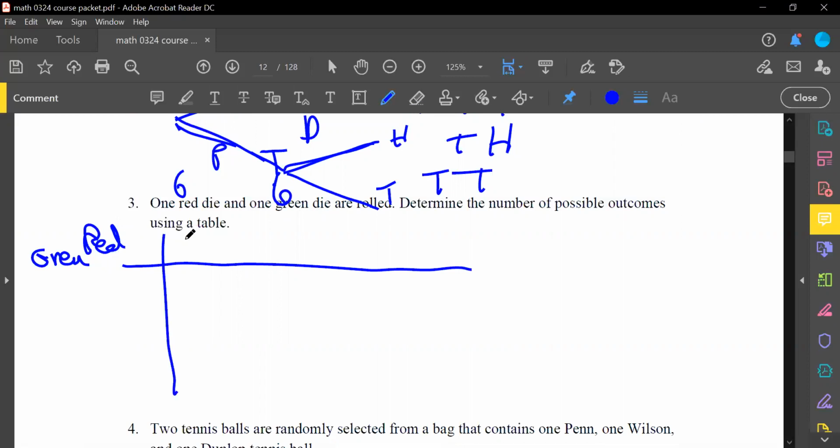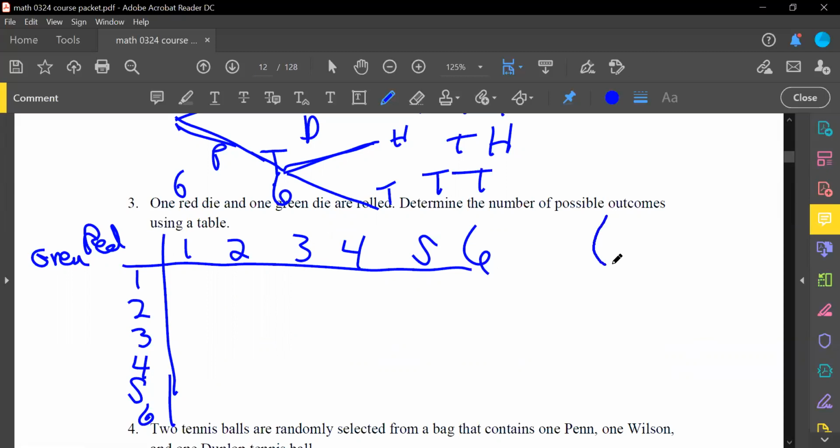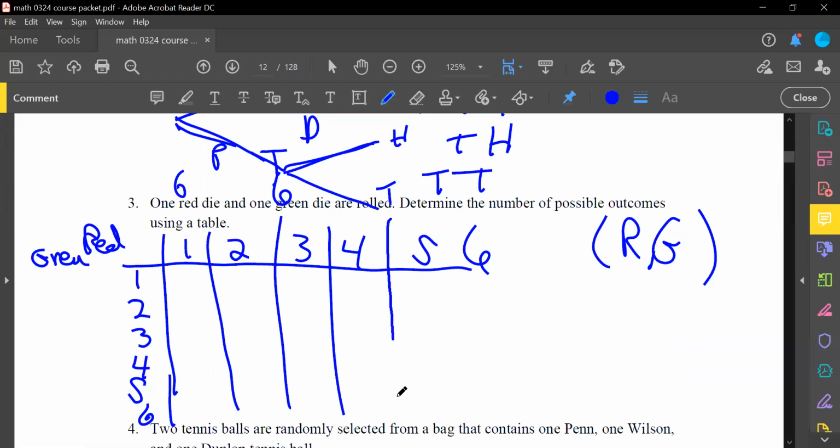So, you know, for red, you can roll 1, 2, 3, 4, 5, 6. And for green, I can roll 1, 2, 3, 4, 5, 6 different possible rolls. So basically, if I list the red first and then the green, we can list all the outcomes.